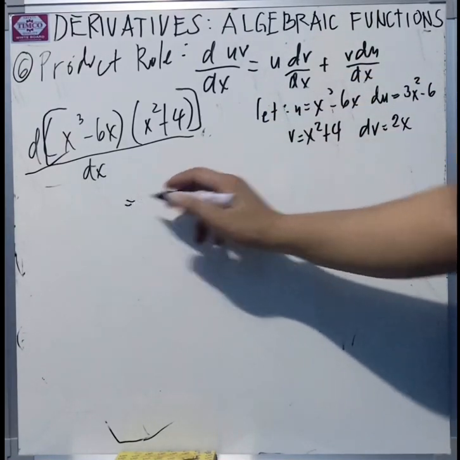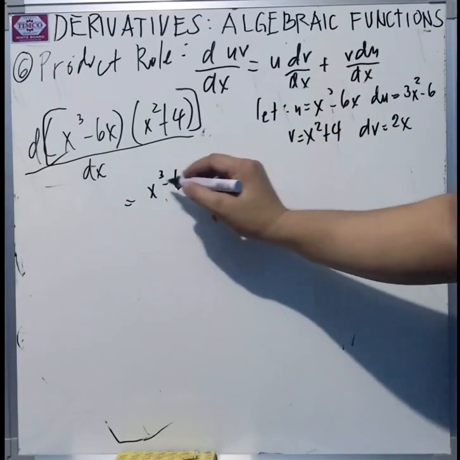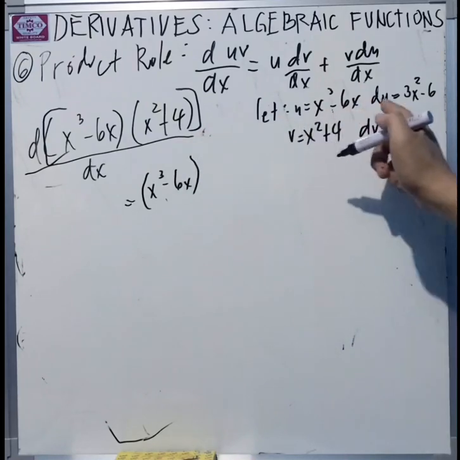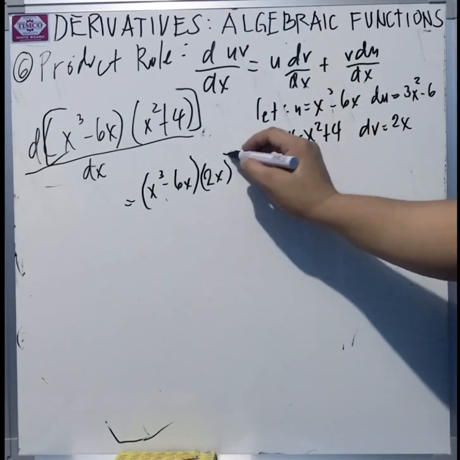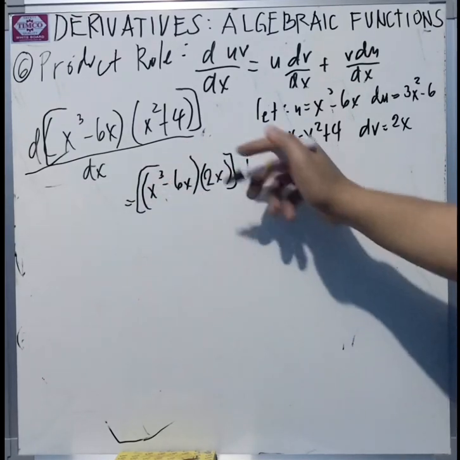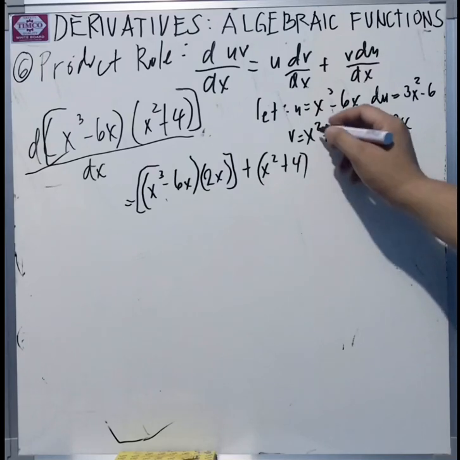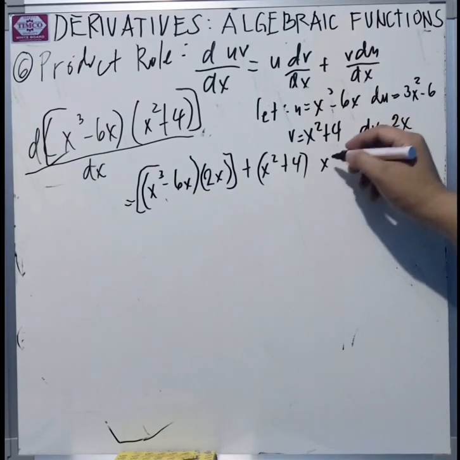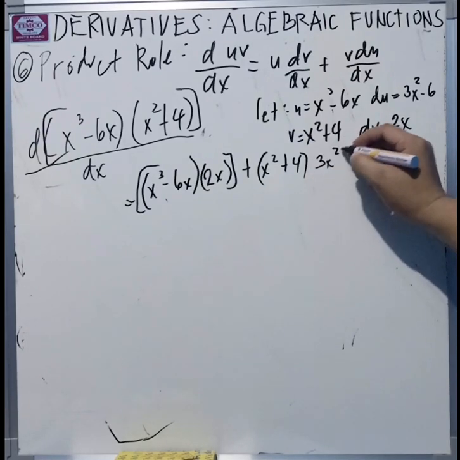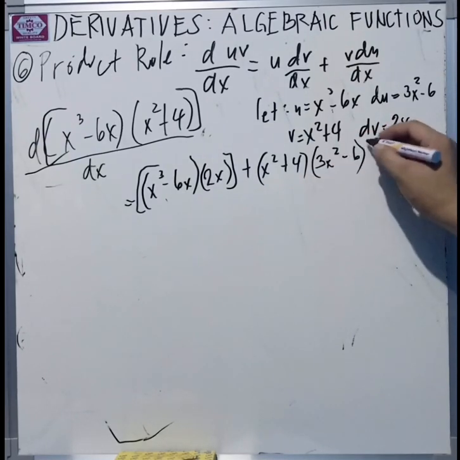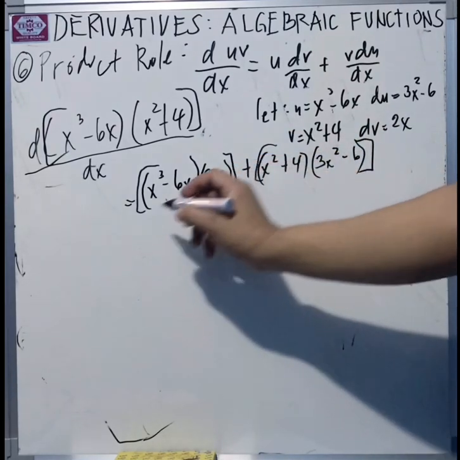So, we have u na x cubed minus 6x multiplied by the derivative of v na 2x. Diba? Plus v, which is x squared plus 4 times the derivative of u na 3x squared minus 6. Ayan. And distribute natin.